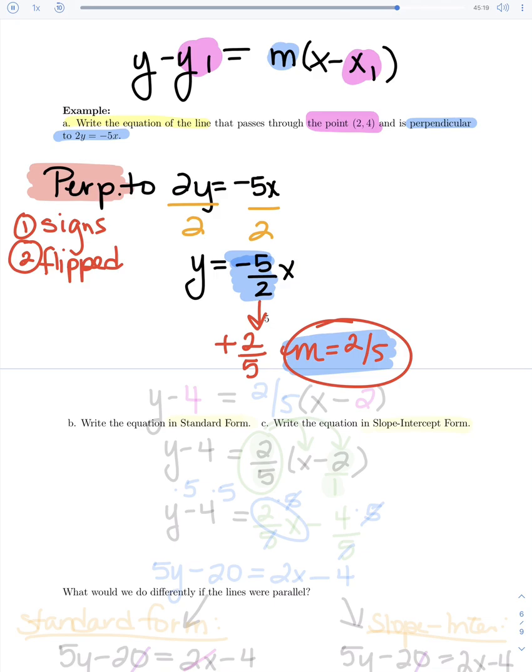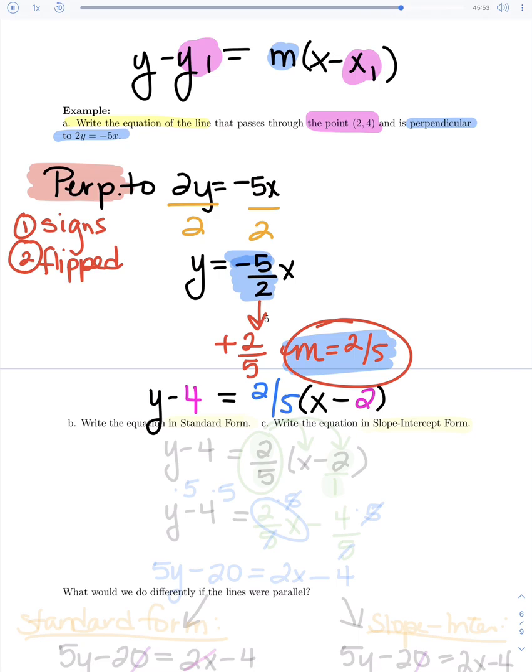We end up with y minus our y1, our y from our point is a 4, equals our slope that we want, the one that's perpendicular to the line we have, 2/5 times x minus the x coordinate from our first point, which was 2. And that is half of the hard work.